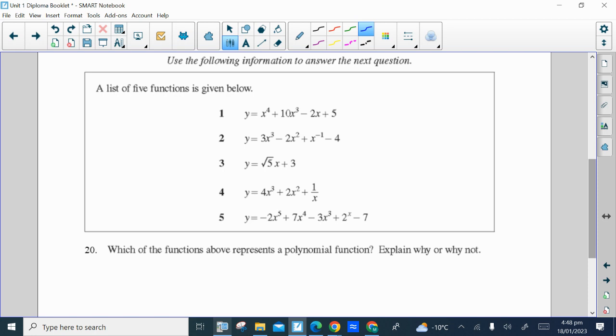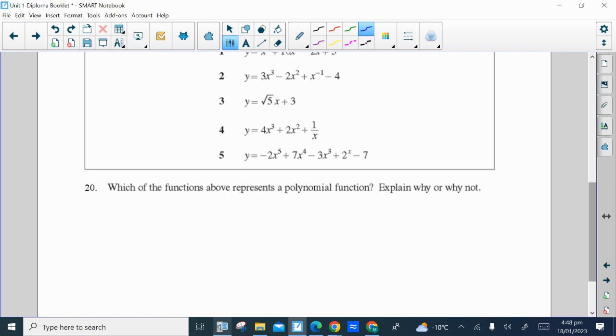This next one, we're identifying which ones are real polynomial functions. And so what you have to remember, to be a real polynomial function, you cannot have a variable in the denominator.